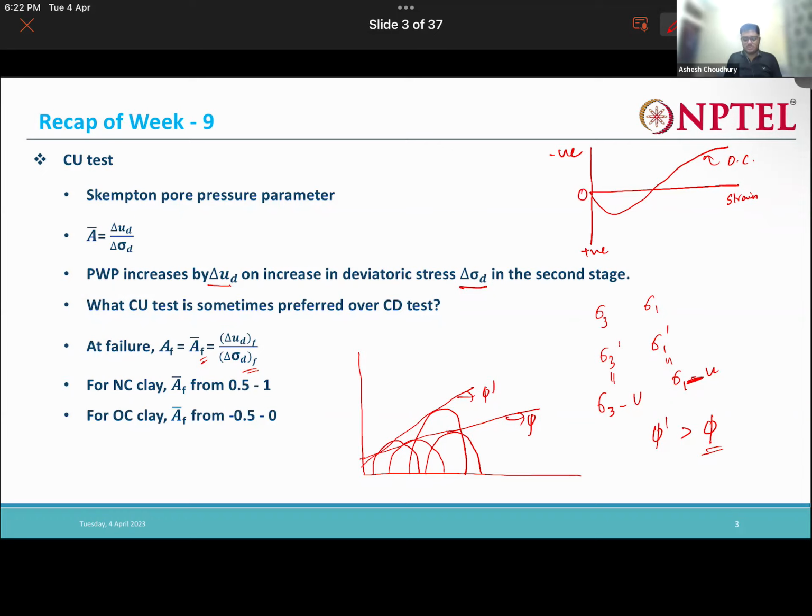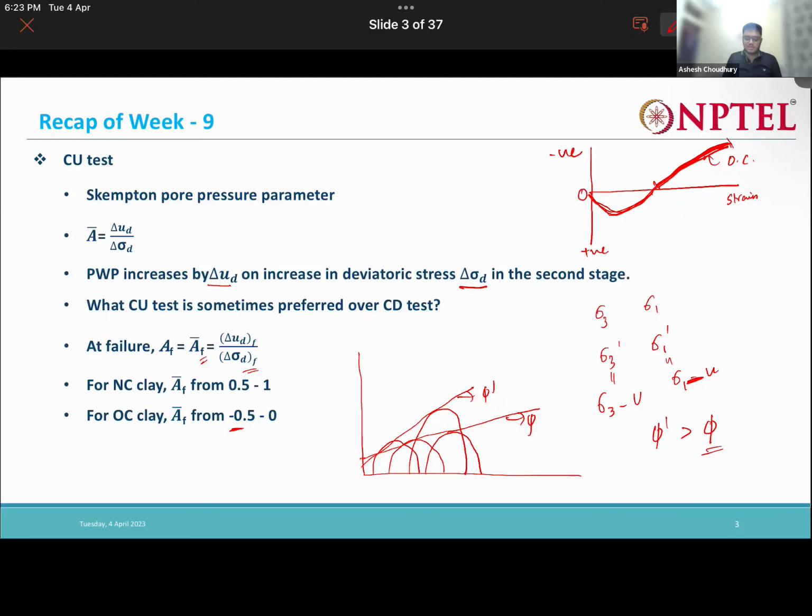As you keep on shearing, this part actually is my normally consolidated part. In the normally consolidated part, my pore water pressures are always positive. In over consolidated clay or in dense sands, there is a tendency that if drainage is not allowed, negative pore water pressure develops. Due to this development of negative pore water pressure, we are actually getting this negative value.